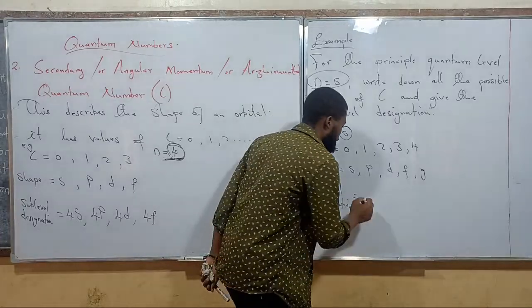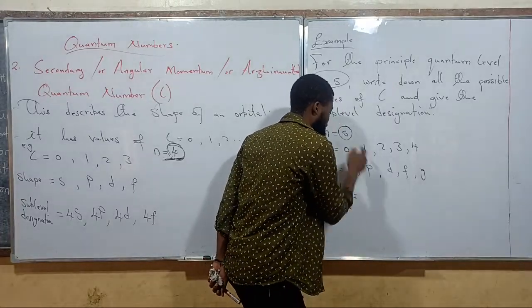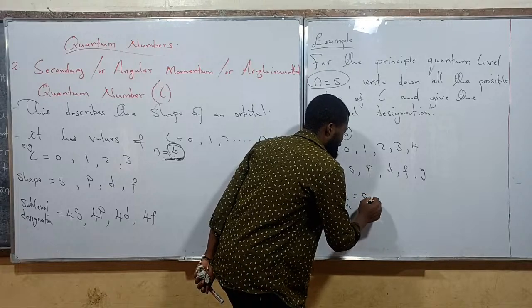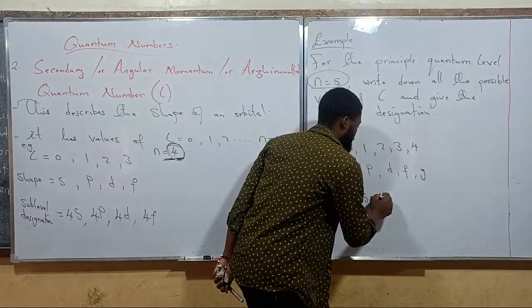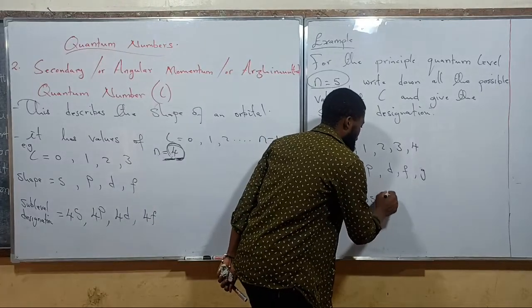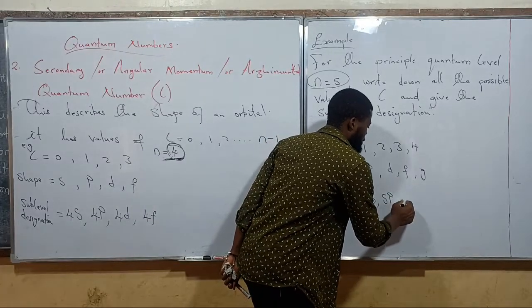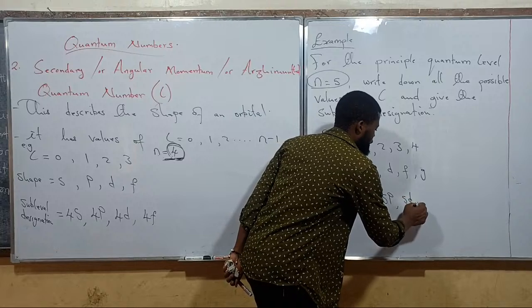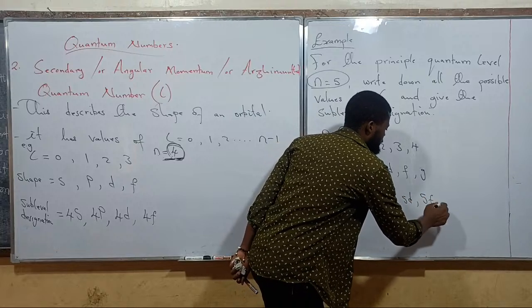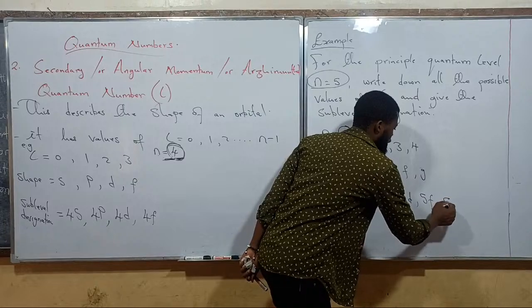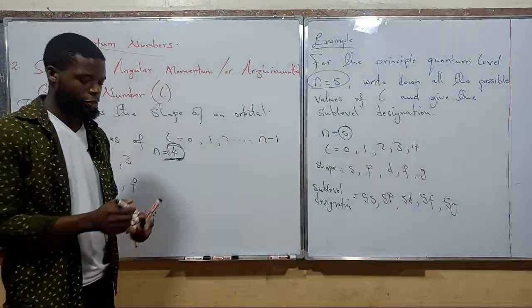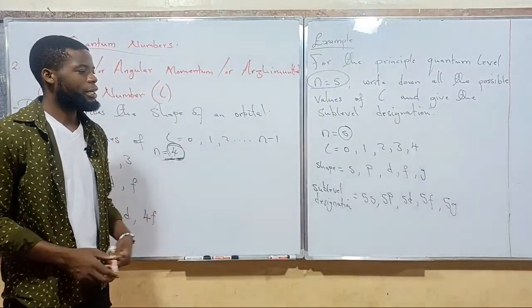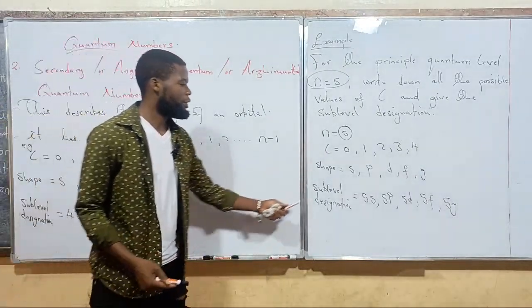It's just going to be the principal quantum number, which is 5, and the shape, which is S. Then 5 and the shape P. So we're going to have 5D, 5F, and 5G. So that becomes the designation for the sub-levels.